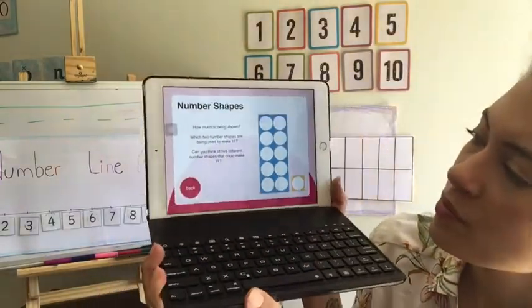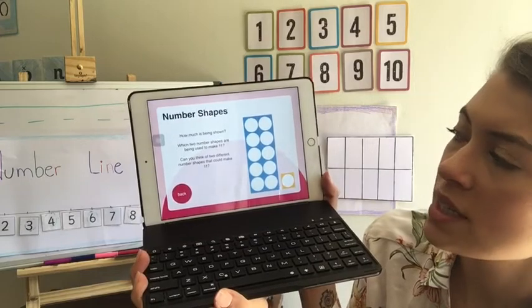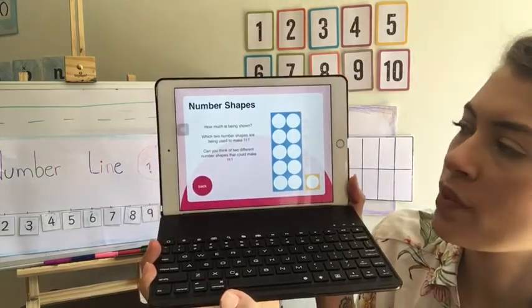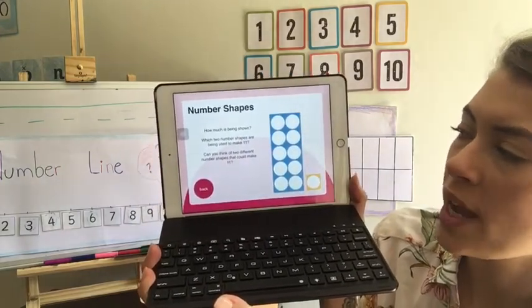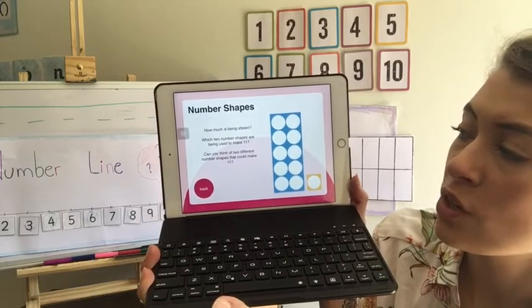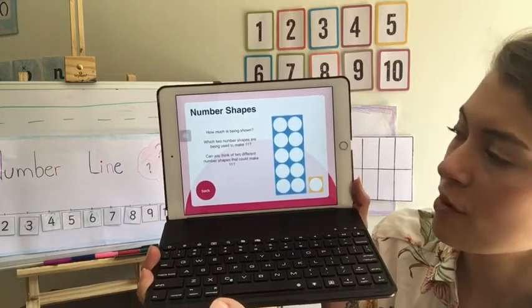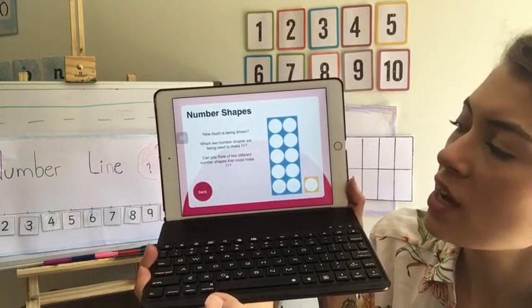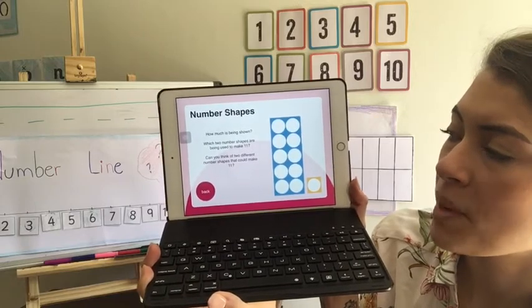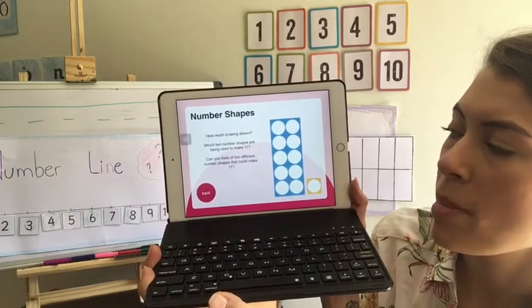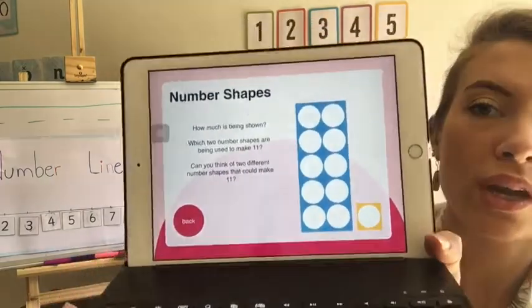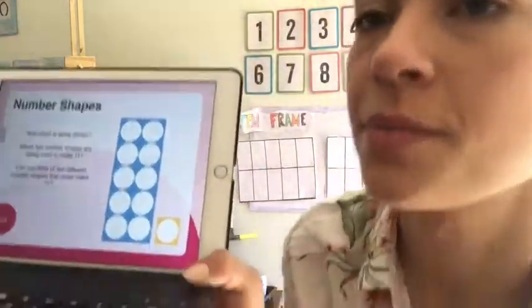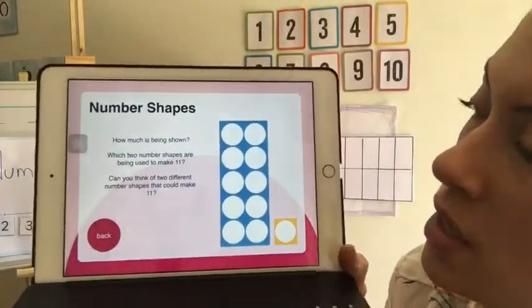Number shapes. How much is being shown? Which two shapes are being used to make 11? Can you think of different number shapes that could make 11? Well, we are going to look closely at it.